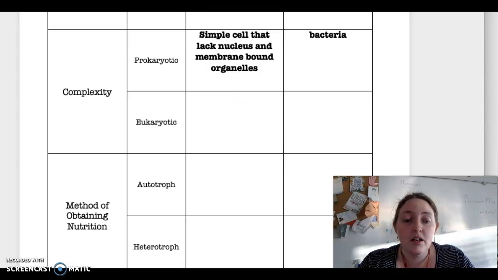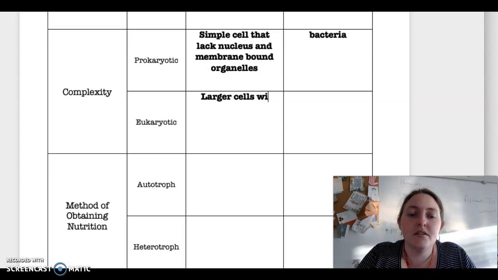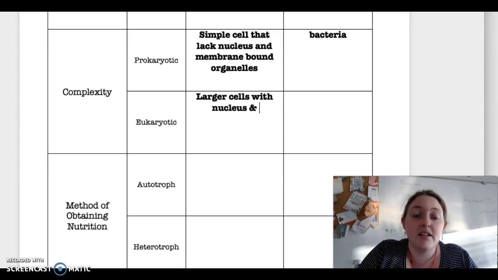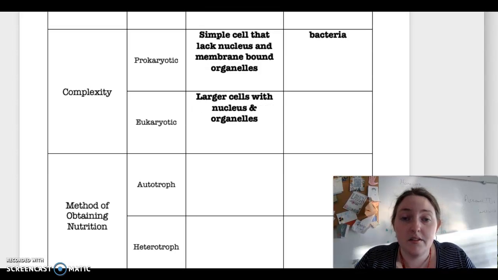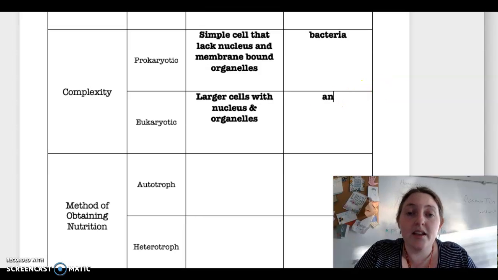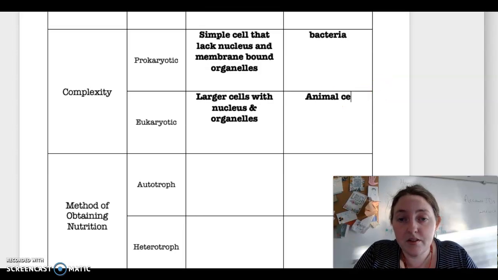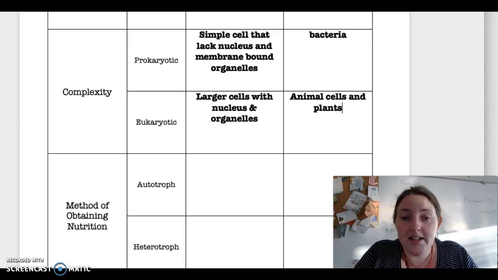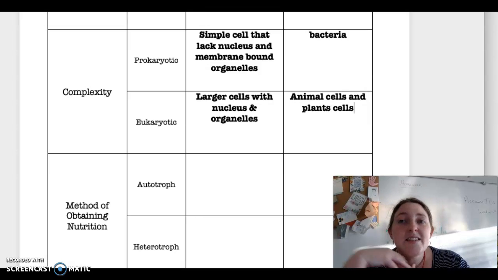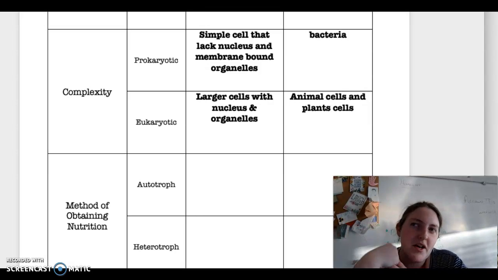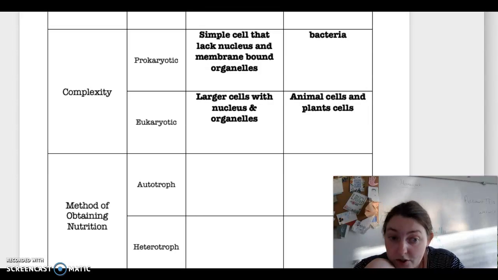Eukaryotic are larger cells with a nucleus and organelles. So these are like animal cells, plant cells, things that have more complex processes and needs for the cells to function.